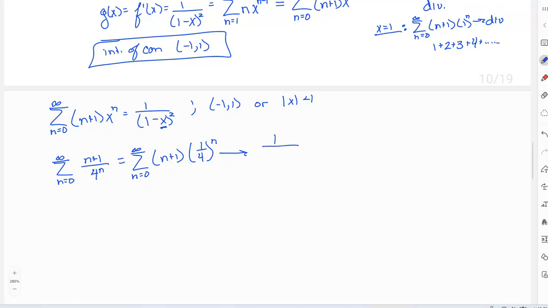So we're going to have 1 over 1 minus my x, which I'm replacing with the 1/4, squared. 1 minus 1/4 is 3/4. And remember, I'm squaring that. So I've got 1 over 9 over 16, which is 16 over 9.